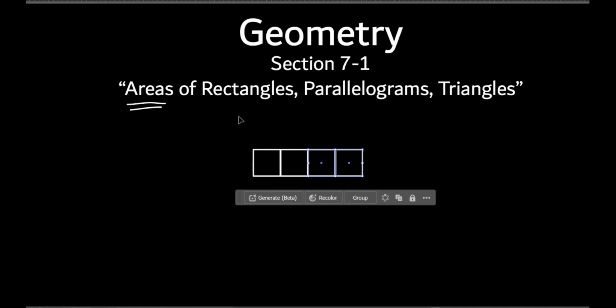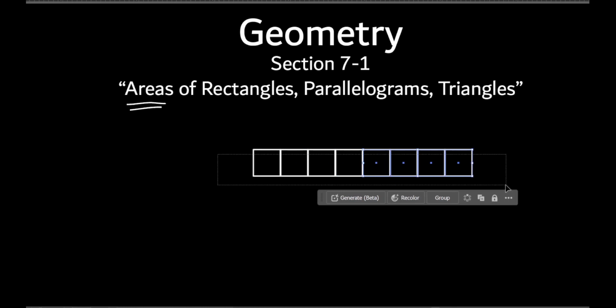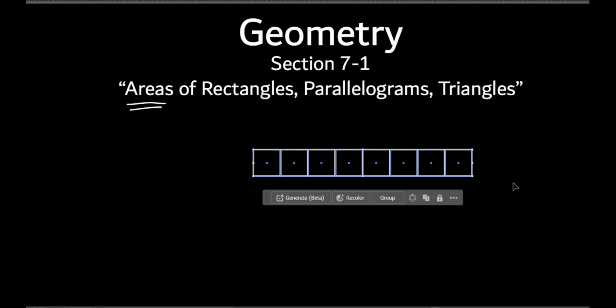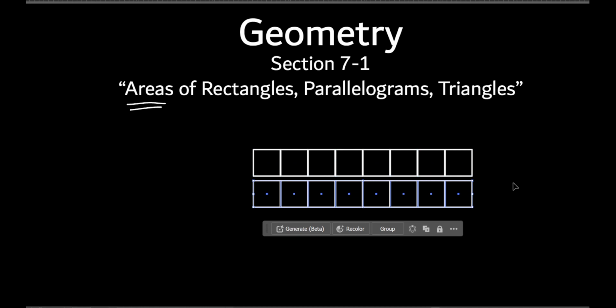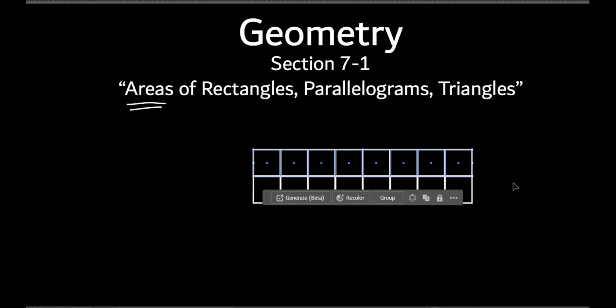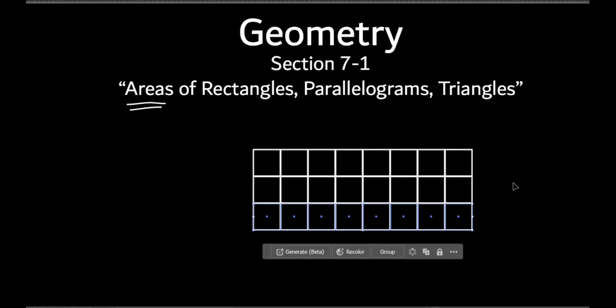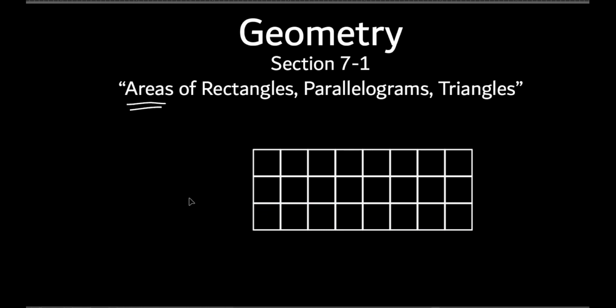I'll do one more set of these. Now I'm going to do a couple rows of these. That's maybe 3 rows. And then do another one. All right, there we go. That's good enough.